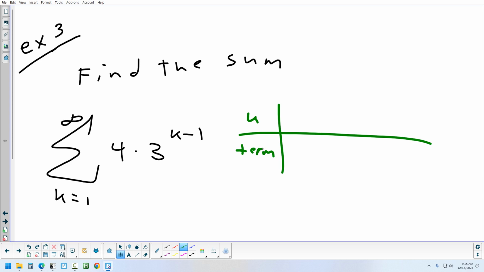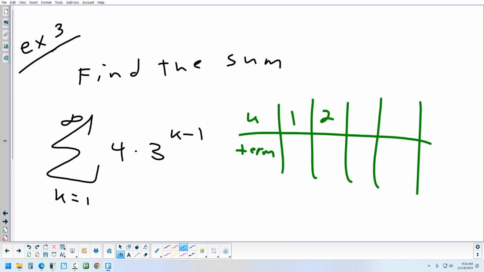So what we're going to do is try out the first maybe 4 terms and see if it looks like they're going to add up to something. What's the first k value that they want you to plug in here? 1. And then we're going to do 2, 3, and 4. If you plug in 1, what's 1 minus 1?